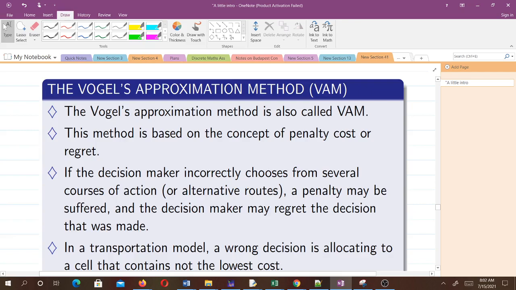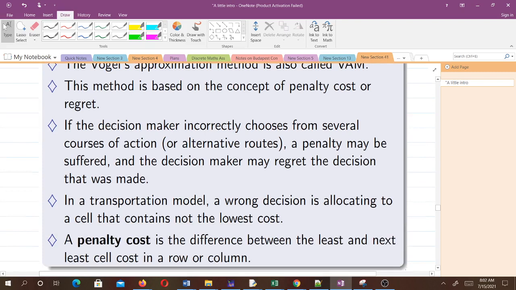So in a transportation model, a wrong decision is allocating to a cell that does not contain the lowest cost. So we compute the penalty cost, and the penalty cost is the difference between the least and the next least cell cost in a row or column.